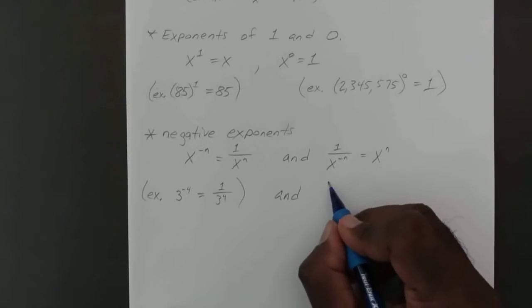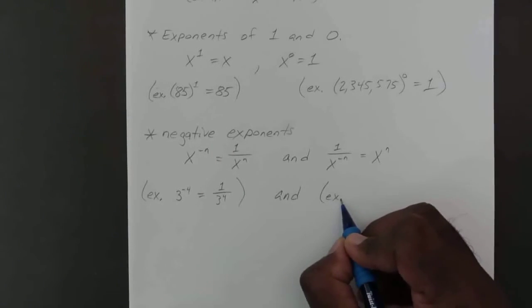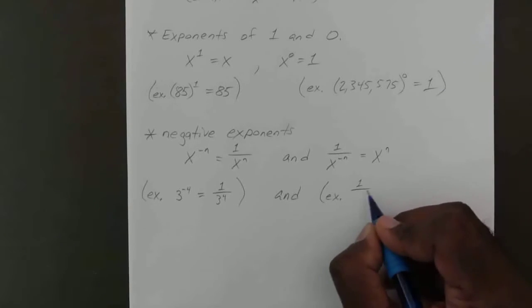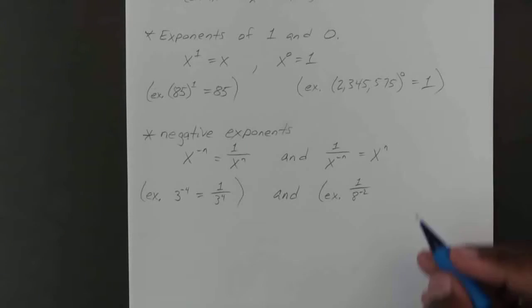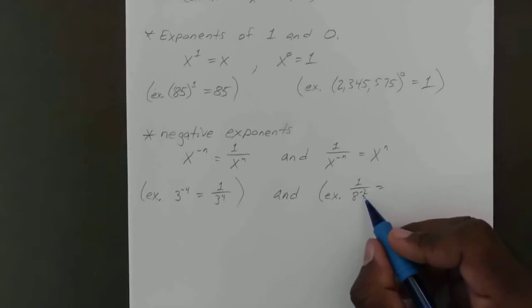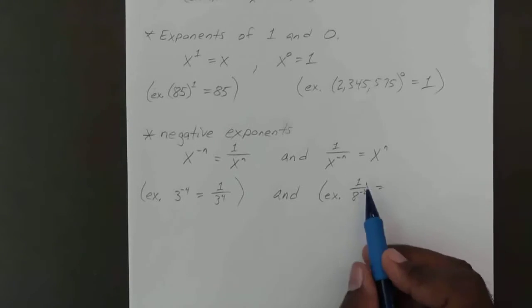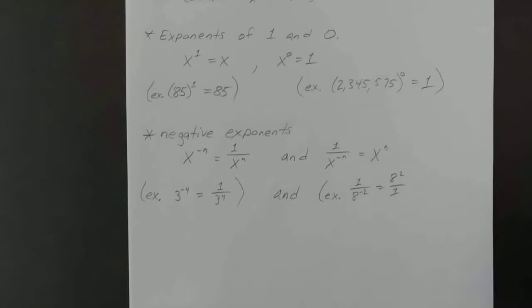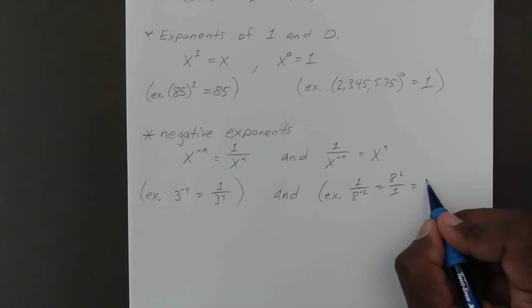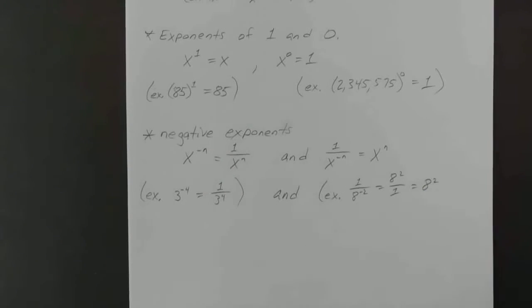And if you had, let's say, 1 over 8 to the negative 2 power, then that just becomes, if it's a negative exponent here, you just move it up to the top. So you can say 8 squared over 1 if you want to, but you don't have to, which is just 8 squared.